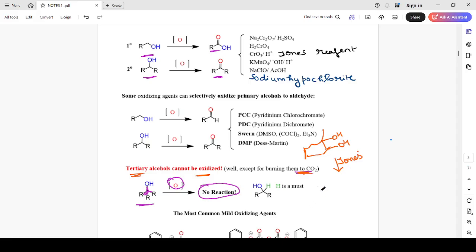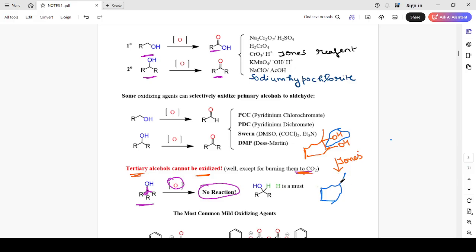Yes, tell me. What will be your product? There are two OH here. Tell me how are they going to get oxidized and what will be your product? What about this alcohol? This part?